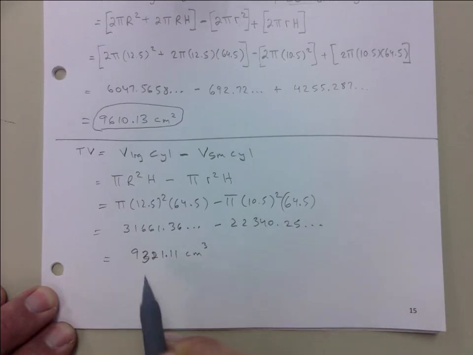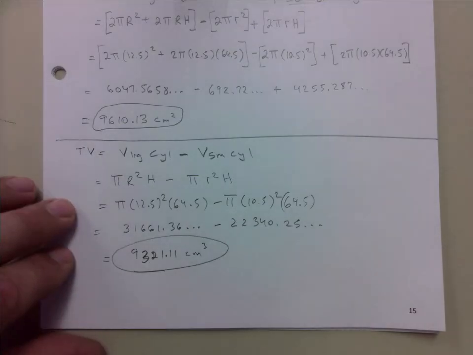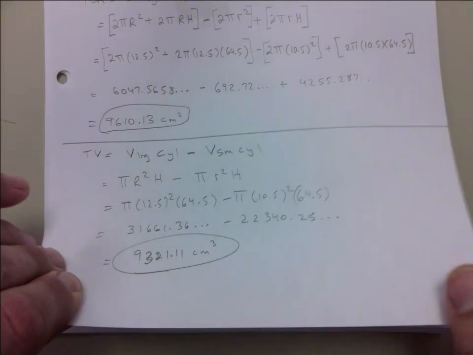That's cubic centimeters. Okay, so 9321.11 cubic centimeters. So if you wanted to know how much concrete you need to make this, how much plastic to make this pipe or something like that, that's what you would be looking for in that case, okay? All right, moving on.